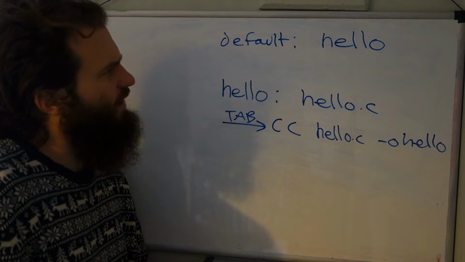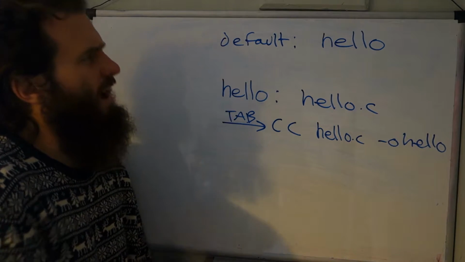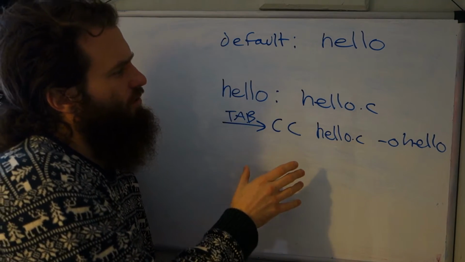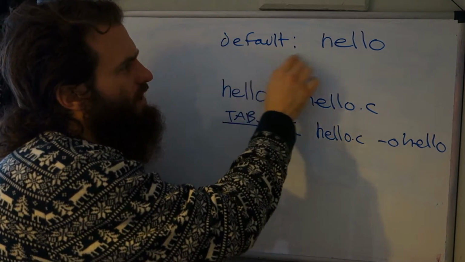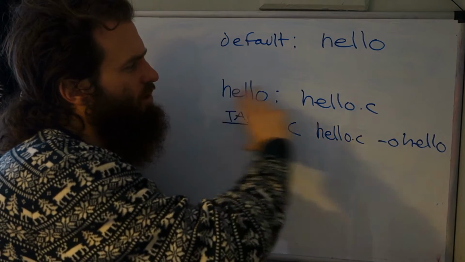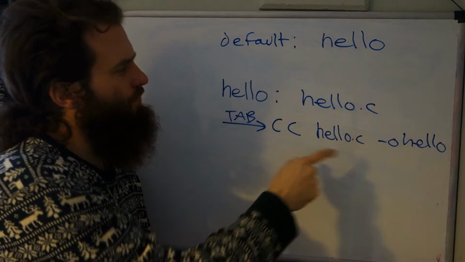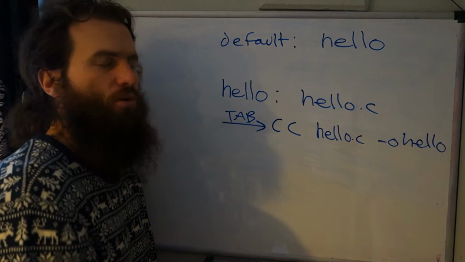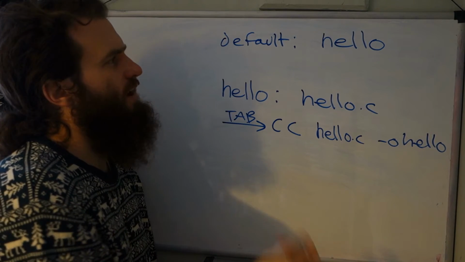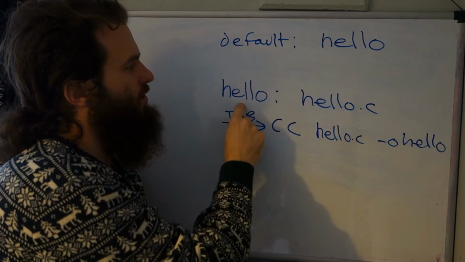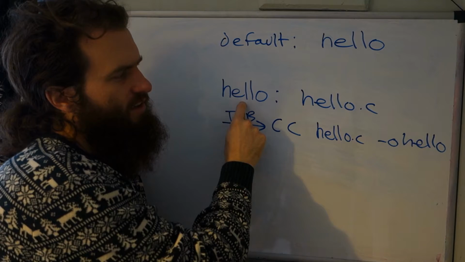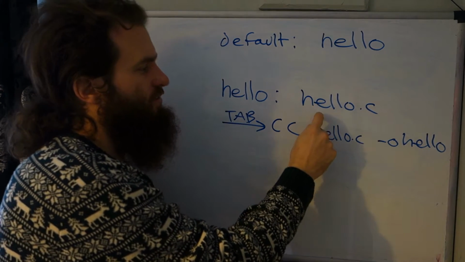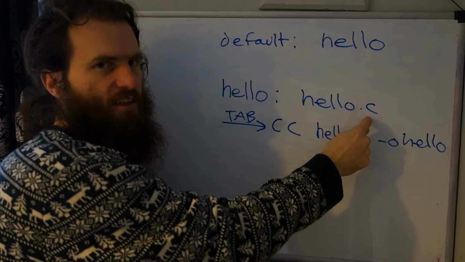Now, that's actually what's going on with our default case. Although we've explicitly put the rule in, there's an implicit rule that make knows how to compile a file when there exists a file with the same name and a .c extension.